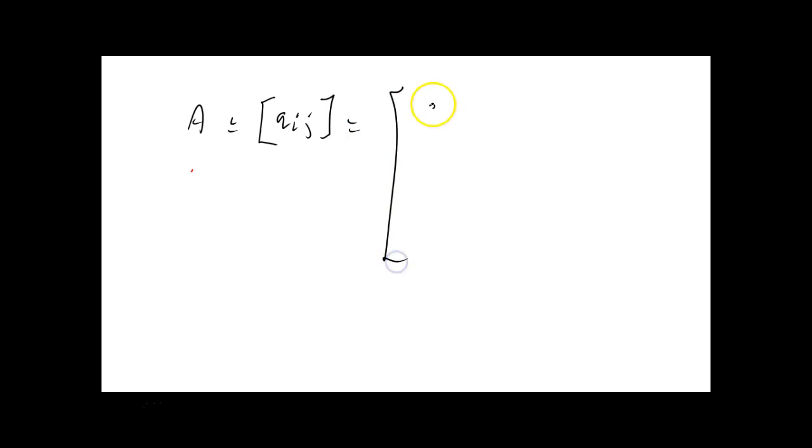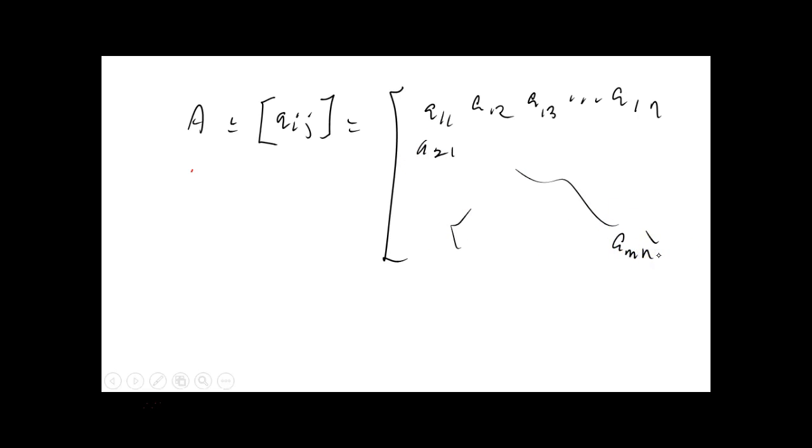And that would be A11, A12, A13, to A1n, A21, and so on, continuing down until you get to Am1, and let all these continue until you get there.